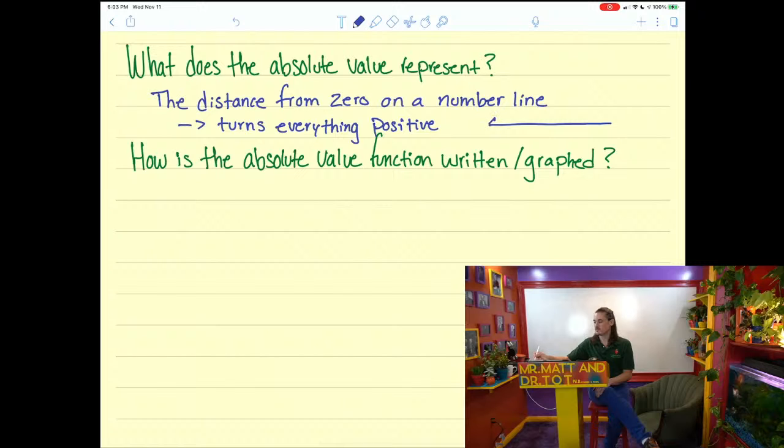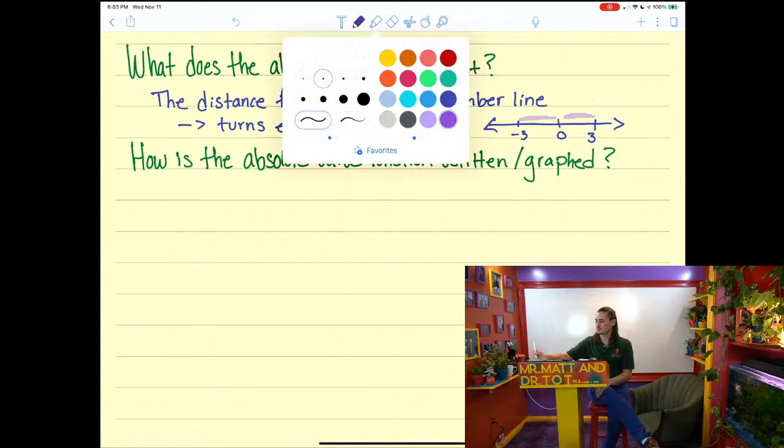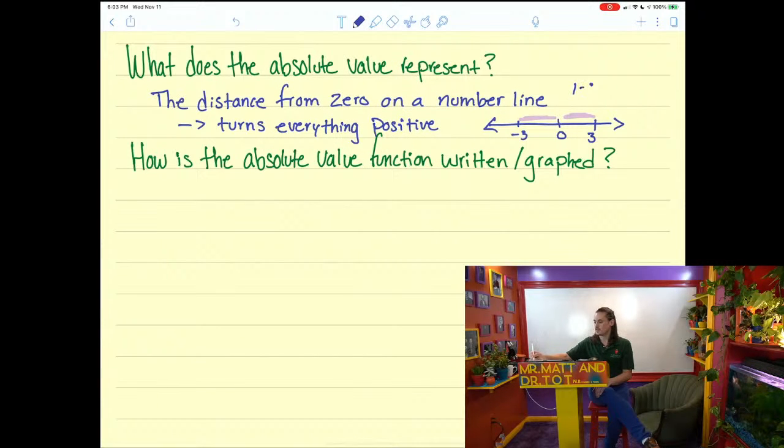So if you look at a number line and you have 0 smack in the middle, -3 is the same distance as +3 on a number line. So this distance is the same as this distance. So that's why the absolute value of -3 is the same thing as the absolute value of +3, which is 3.